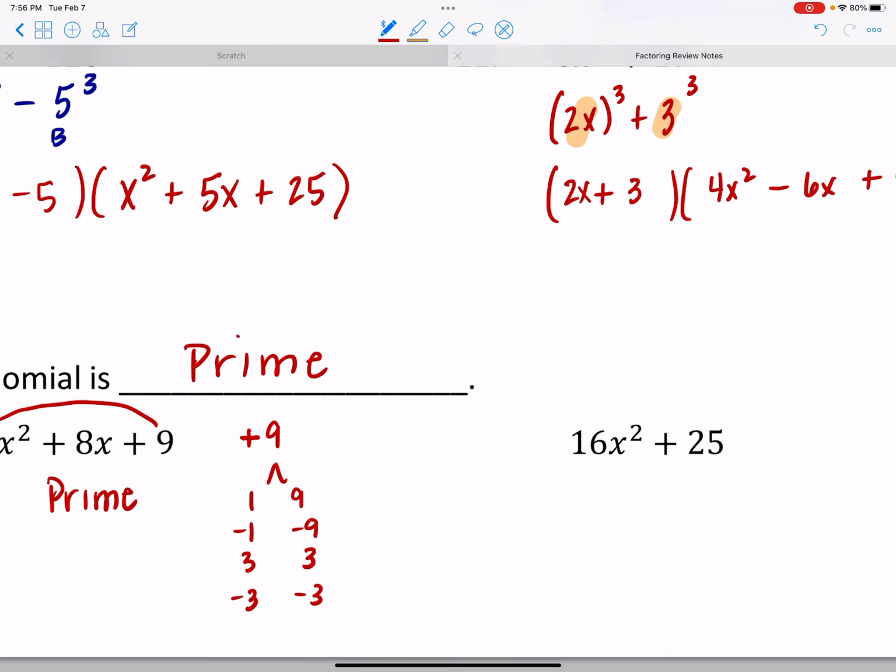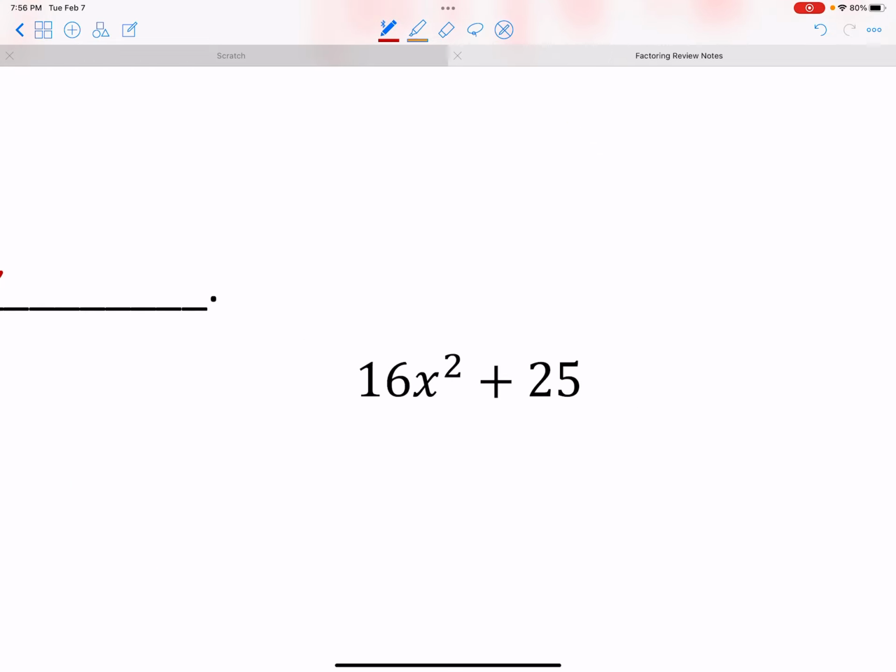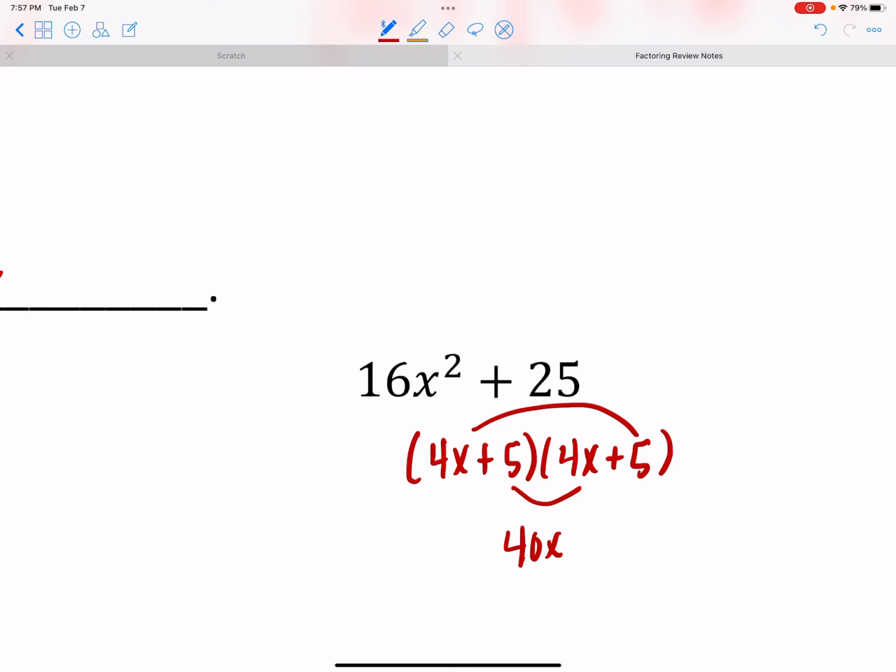And then here, what I kind of showed you earlier. So a difference of squares we can factor into conjugate binomials. The sum of squares, not going to work. You can try to make this 4x plus 5 and 4x minus 5, but again, that's going to make a negative at the end. Or you can make them both positive, but that's going to get you 20 and 20, that's going to get you 40 x's in the middle. Or if you make them both negative, you're going to get negative 40 x's in the middle.